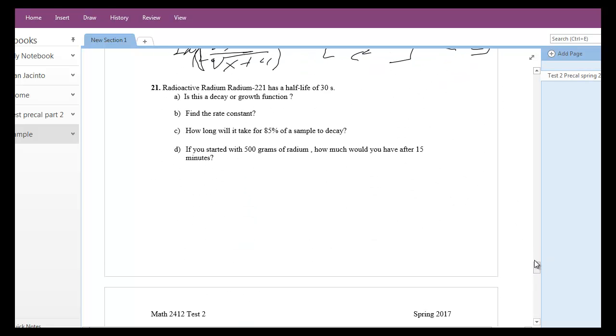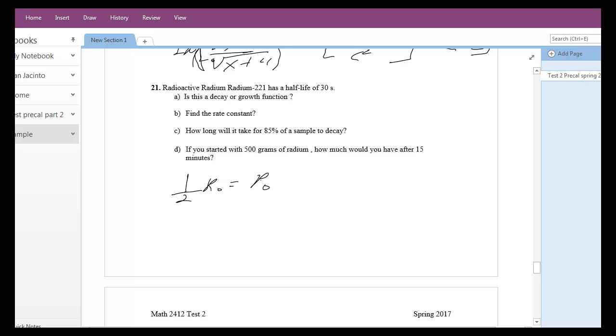Radioactive radium, like this one. Half-life says what? Whatever I start with, I can start with rho naught. I'm going to have half a rho naught. But what I like to do to keep everything pretty and simple is, I start off with rho naught, and I'm going to have half rho naught as my final.